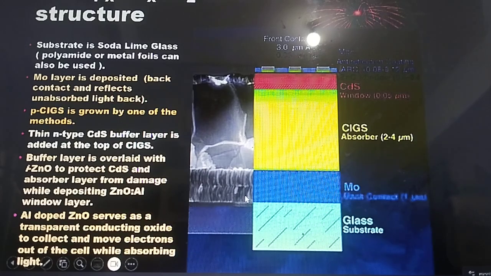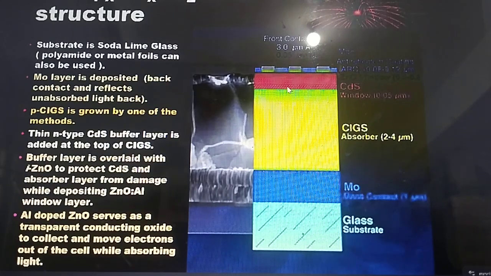So whatever light reaches here is reflected back. Then CIGS is grown by the methods I have shown you earlier. Then a thin n-type CdS buffer layer is deposited on that. The buffer layer is overlaid by intrinsic zinc oxide to protect the CdS and absorber layer.